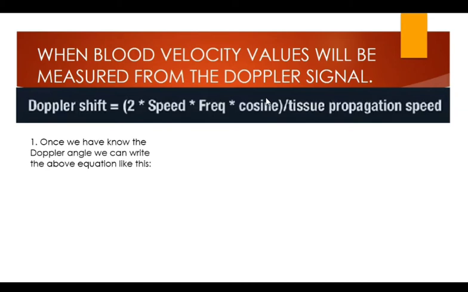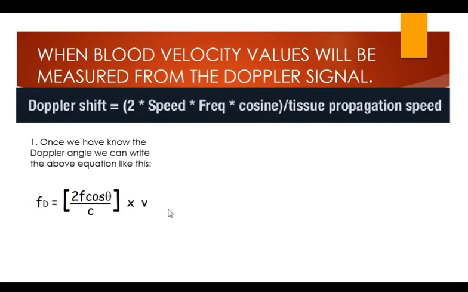But what we can do is write the above equation and change it to look like this. So what we're doing here is we've got our Doppler shift, we've got our 2, which is our constant, we've got the frequency, we now know the angle because we've set it into the machine, we know what the tissue propagation speed is, which is c, and we don't know what velocity is.